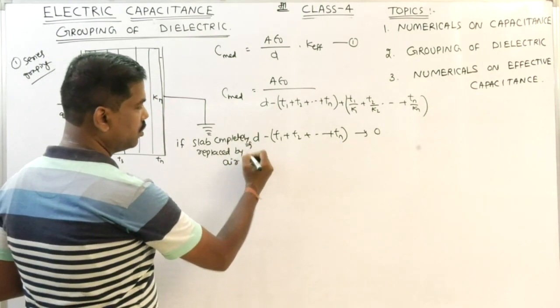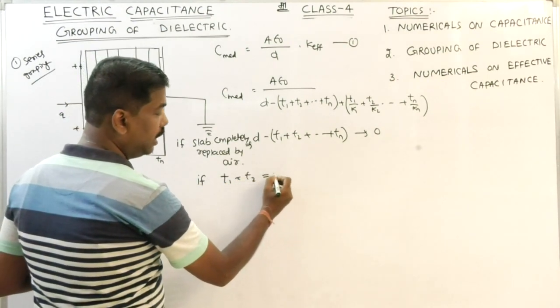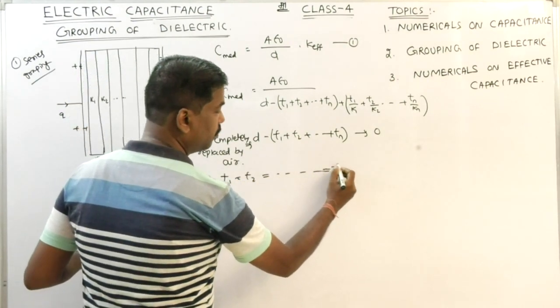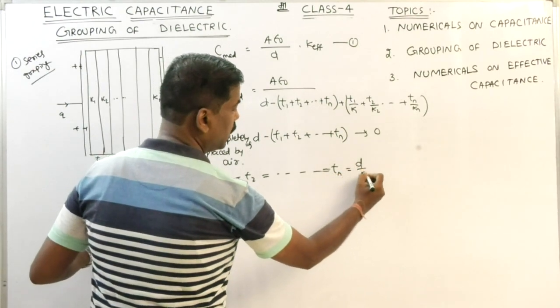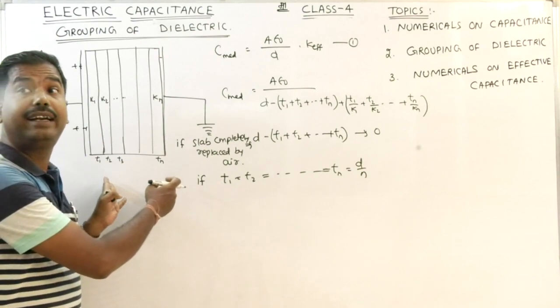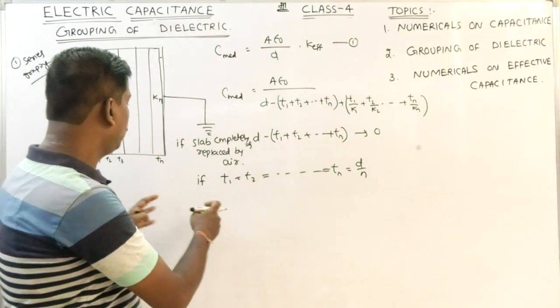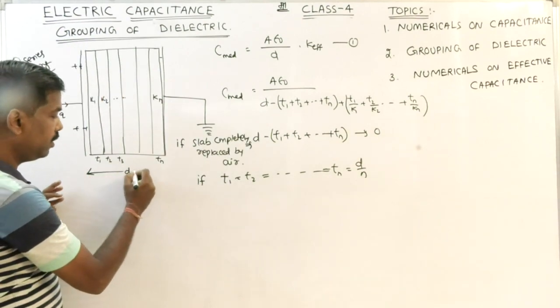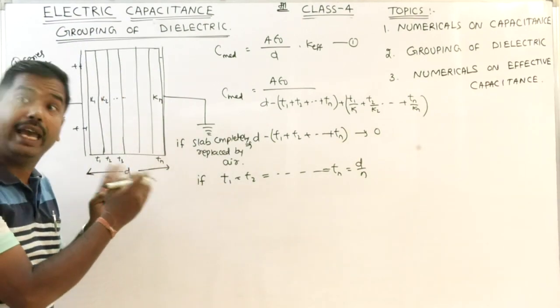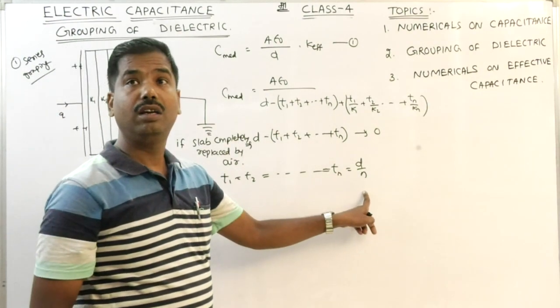Okay? If the thickness of all slabs is equal, it means N dielectric slabs are placed in series. So the total thickness is D, divided into N segments, so each one becomes D by N. Clear?